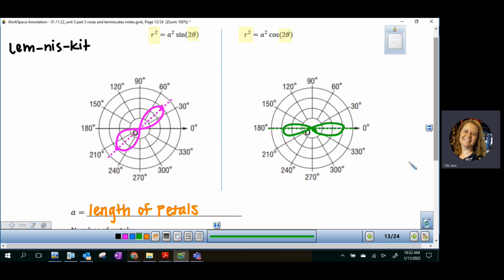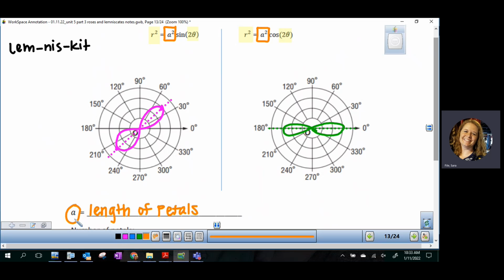Just 2 petals, 180 degrees apart, figure 8. Now, you need to be careful about your A. A is the length of the petal. In your equation, you have A squared. So this number that you see in front of sine or cosine is squared.